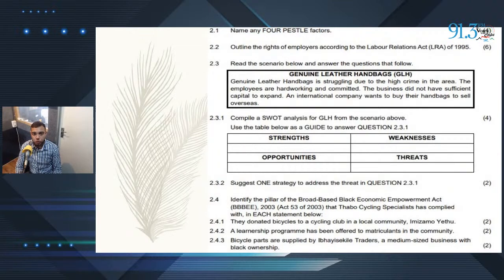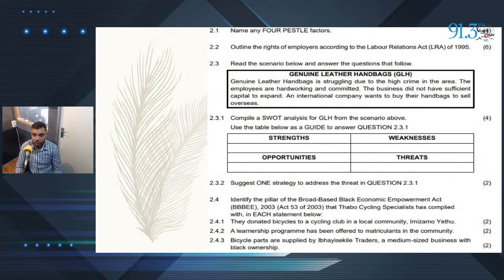Then we move to 2.2. Outline the rights of employers according to the Labor Relations Act. Here they're telling you the rights of employers and not the employees, so you just have to tweak some of the answers a bit. Remember, each answer is for 2 marks, and outline means it is double ticks and not split marks, so you can give your answer straightforward.